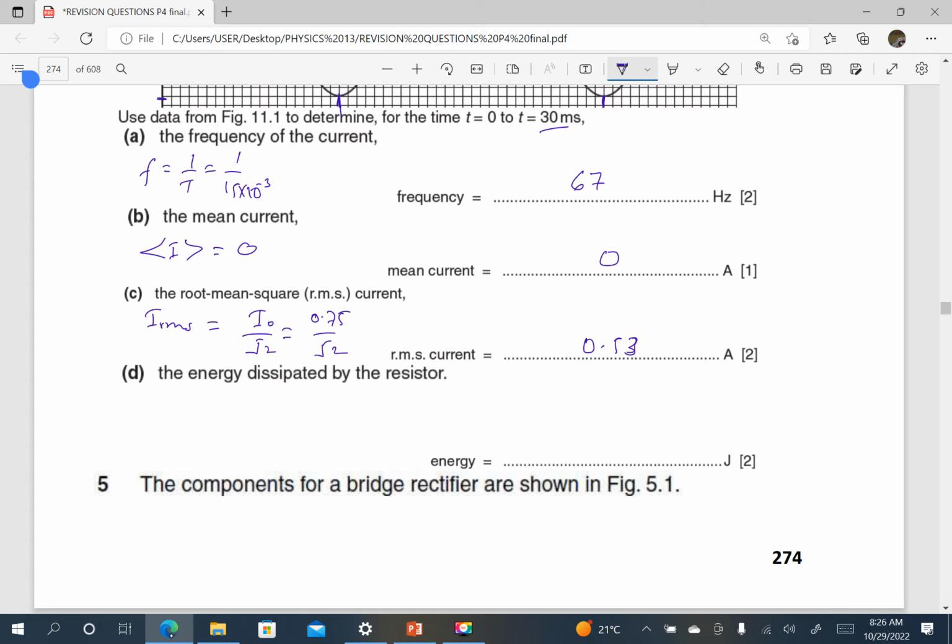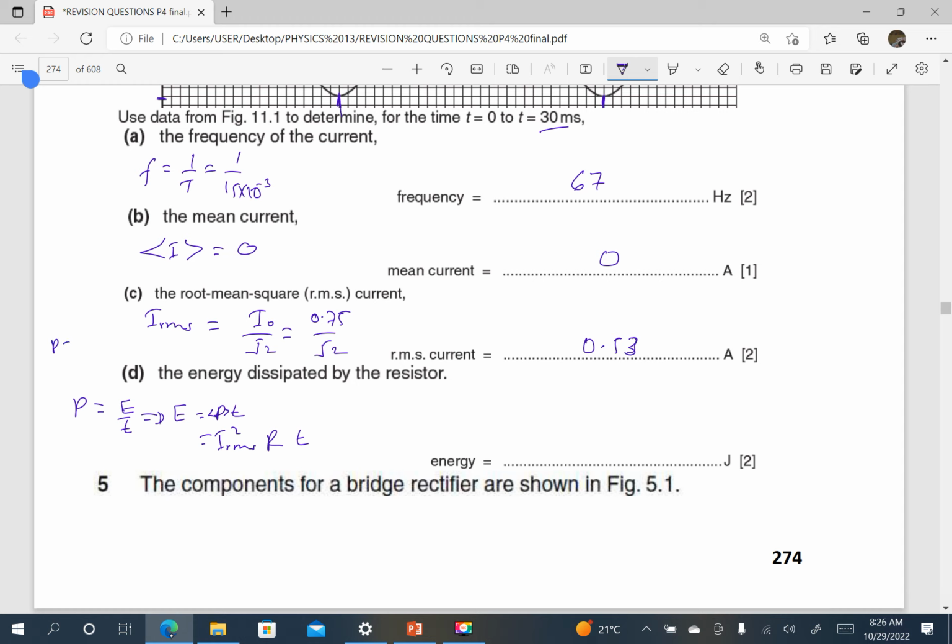Then the energy dissipated by the resistor. We know that power is equal to energy over time. So it implies that energy is going to be power times time, and this will be the average power. So this is going to be I root mean square squared times R, that is the average power, then times T. Remember, when we are dealing with average power, you consider root mean square values.